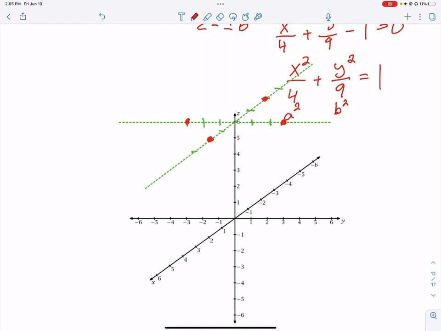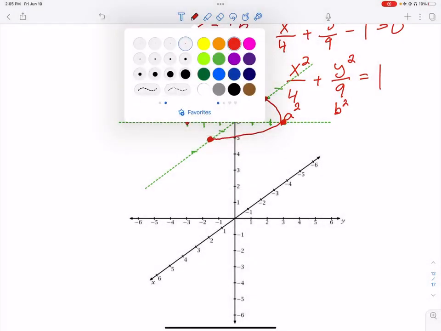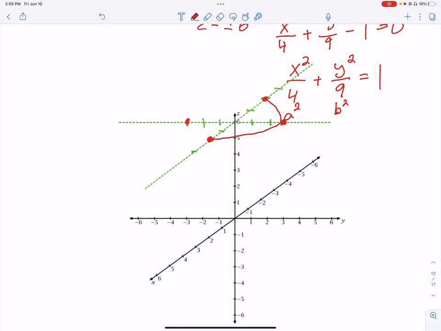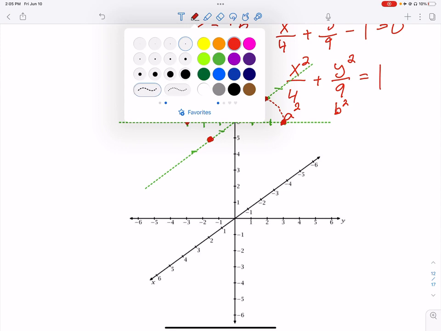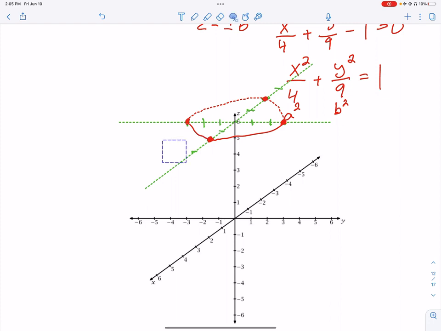Okay, so the y will be 3 in each direction, and I have an ellipse here. So I'm going to sketch this ellipse. I have a dotted line going this way, and we should probably have a dotted line there too. This is going to be the front side. And then we have the exact same thing at negative 6.